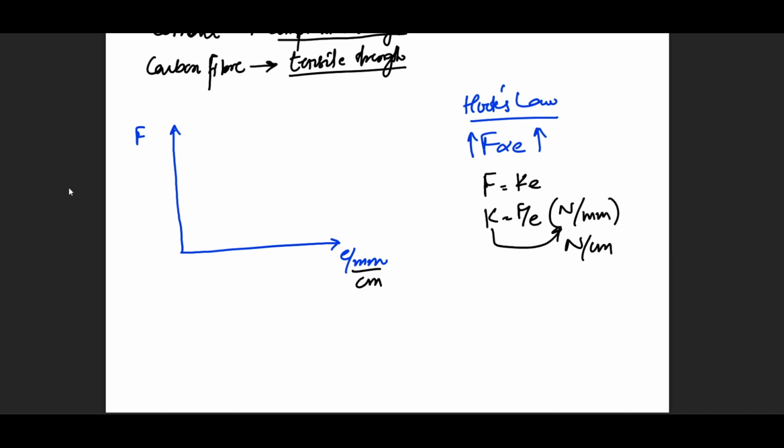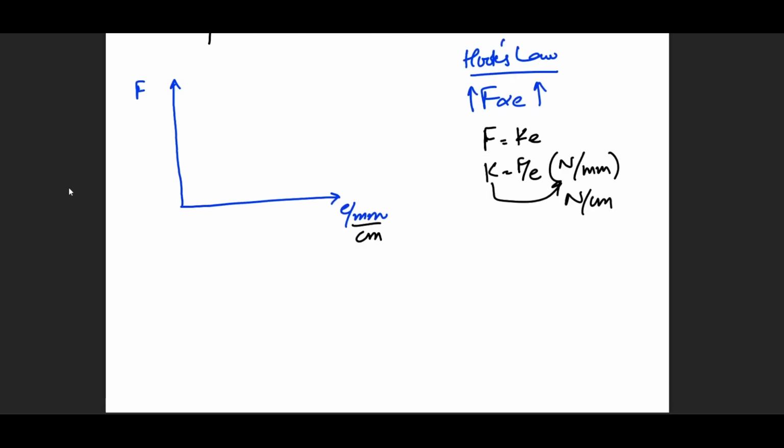So what is the purpose of a spring constant? This spring constant tells you which spring in real life is going to be stiffer and which one is going to be softer. If you have a spring of value, let's say, 50 newtons per millimeter, and I have a spring of value k2 of, let's say, 150 newtons per millimeter, what does that mean?